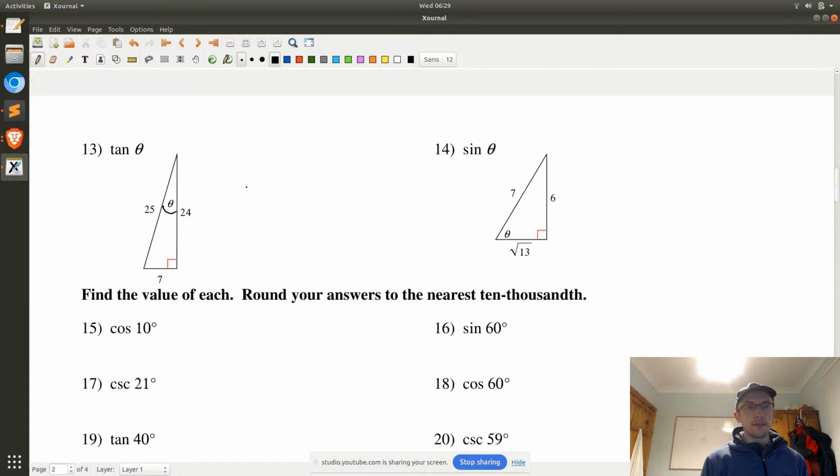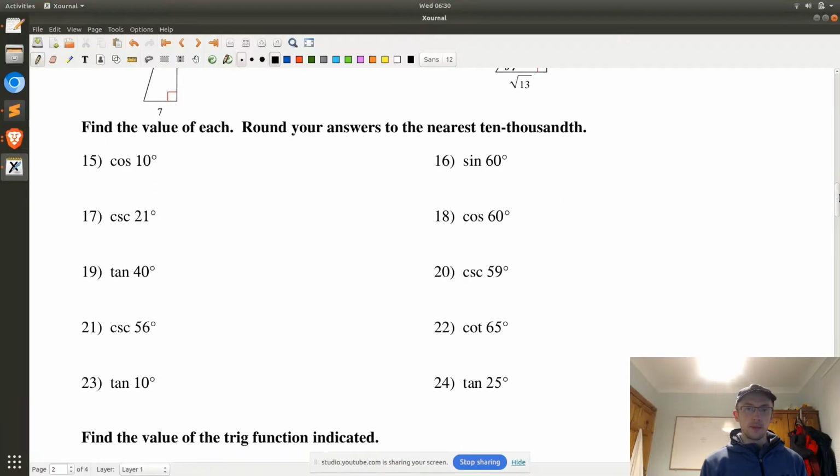Tangent of theta is opposite over adjacent. So 7 over 24. Sine of theta is opposite over hypotenuse. So 6 over 7.